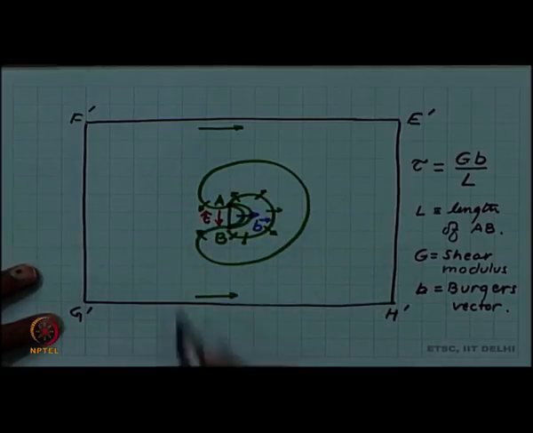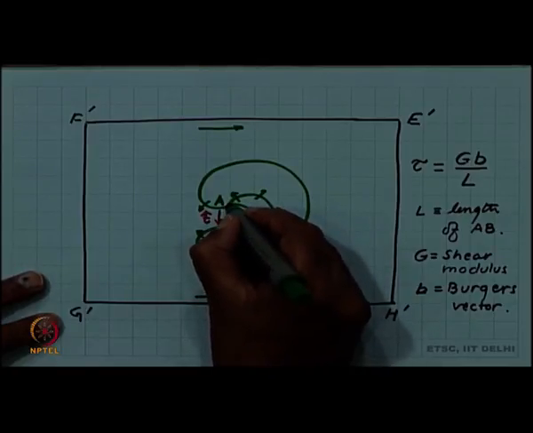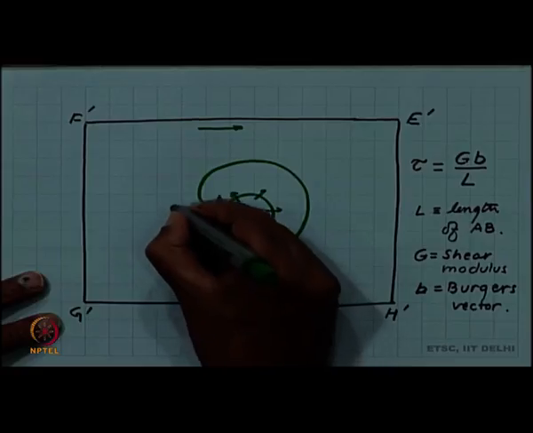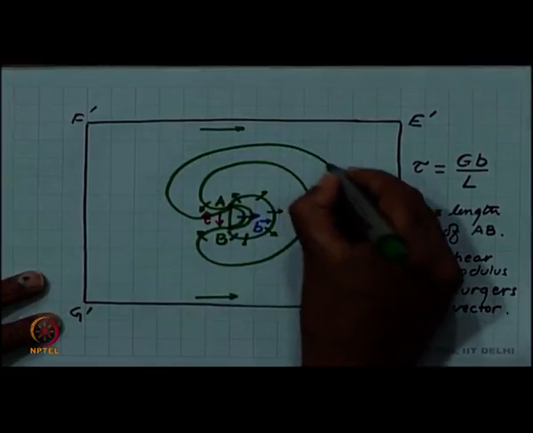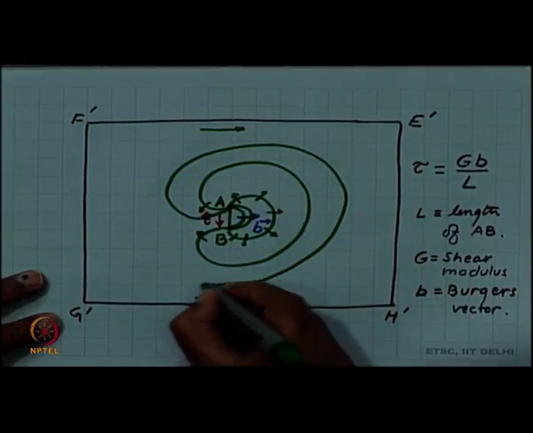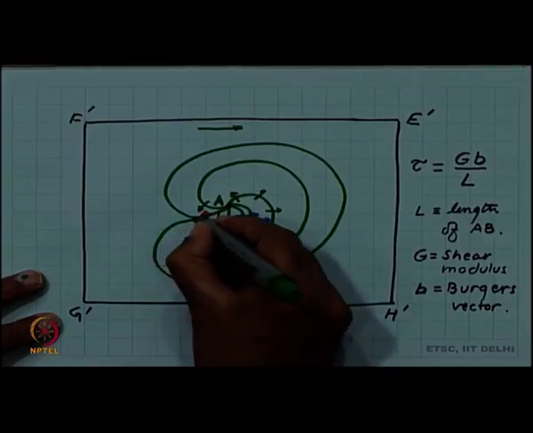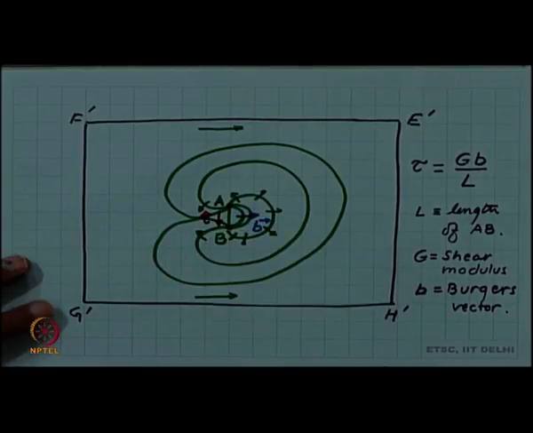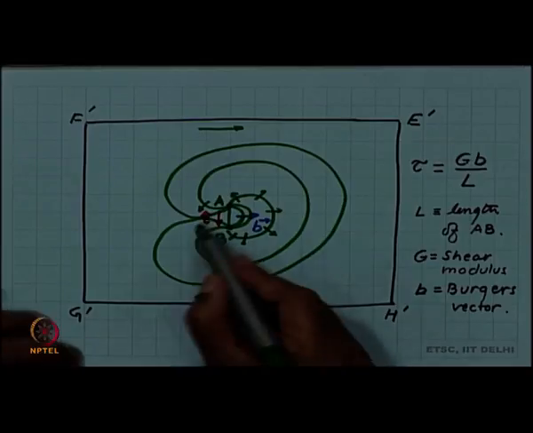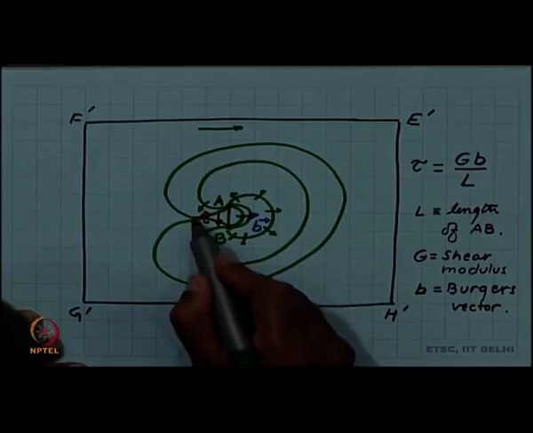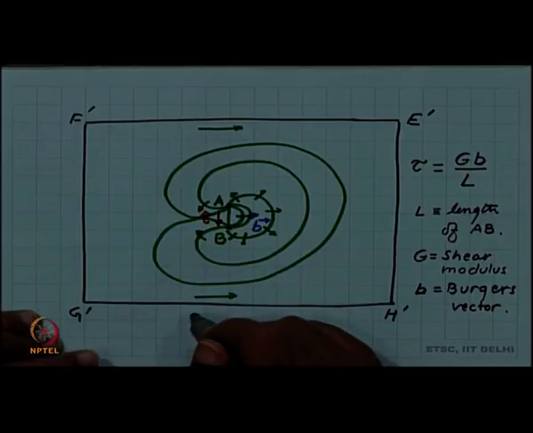So, you can see that these two segments are trying to come together, and a stage will come when they finally touch. As soon as they touch, these two dislocation lines will come close together and will interact.